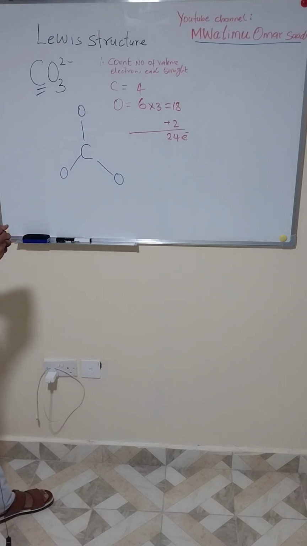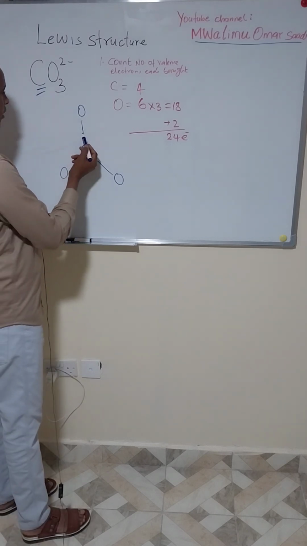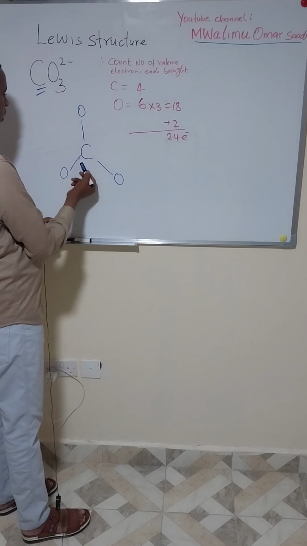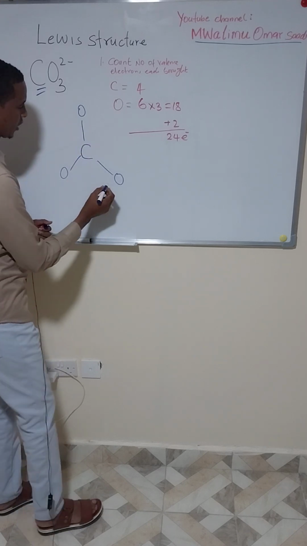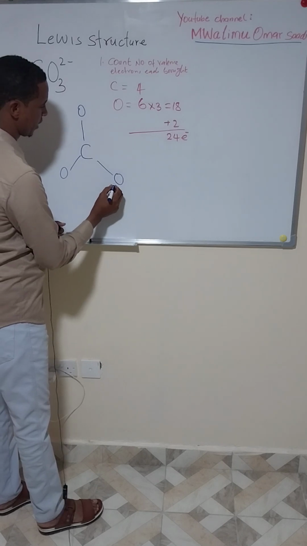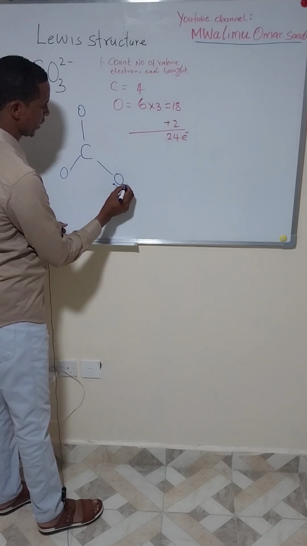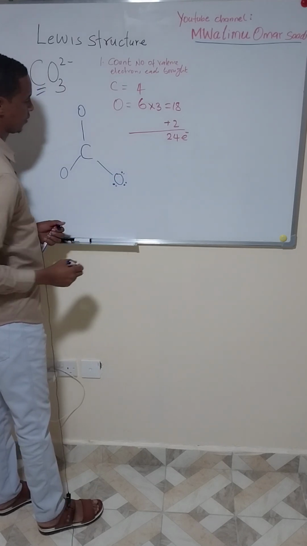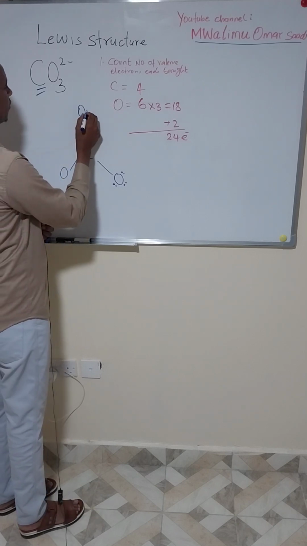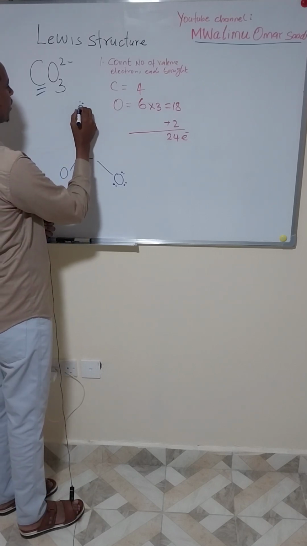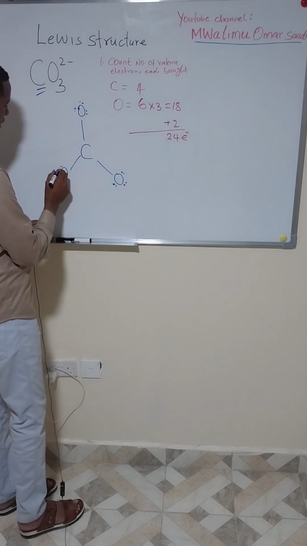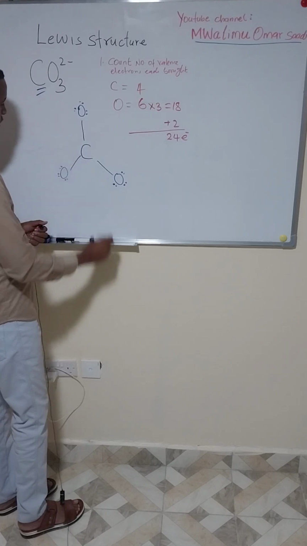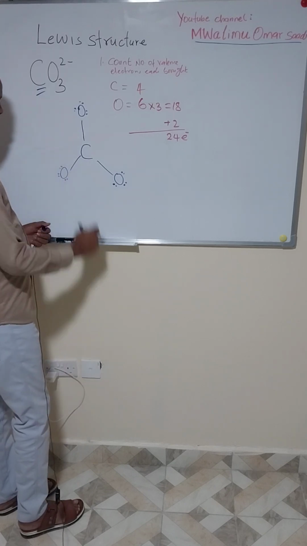So here we have 2 electrons per bond, so those are 6 electrons. Then we count again 7, 8, 9, 10, 11, 12, 13, 14, 15, 16, 17, 18, 19, 20, 21, 22, 23, 24.